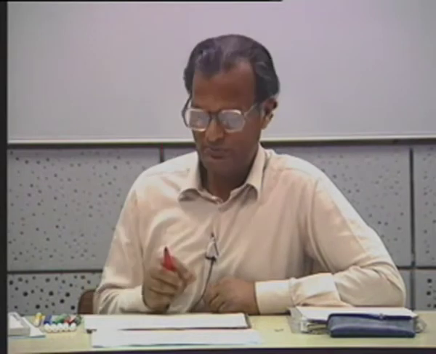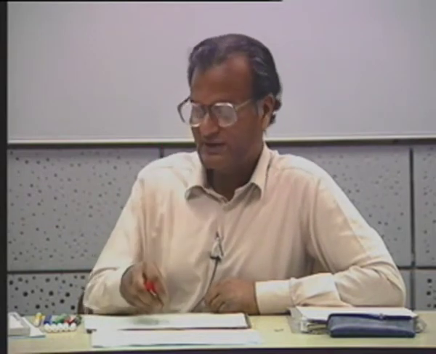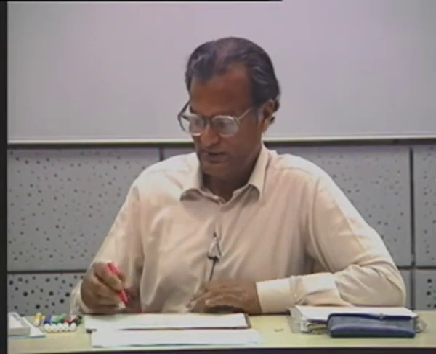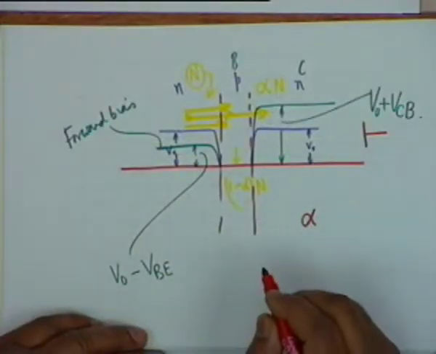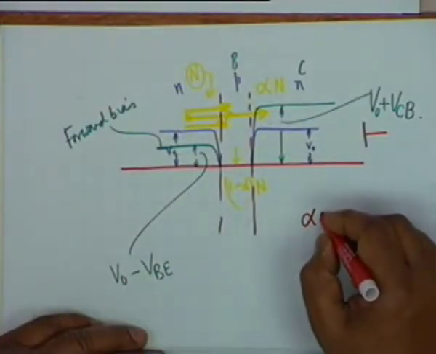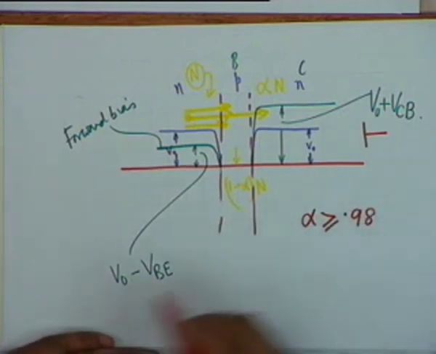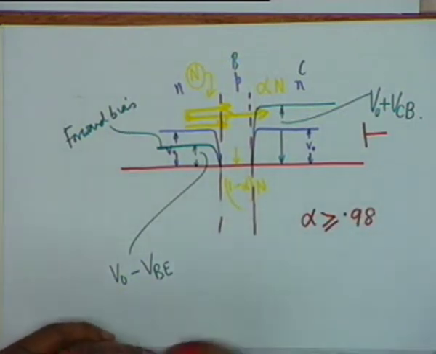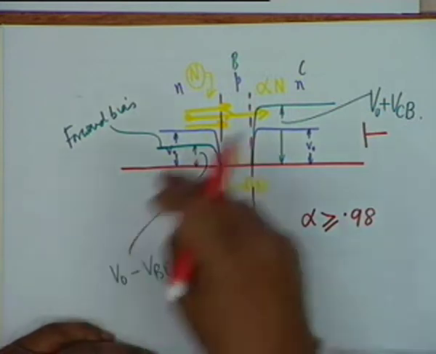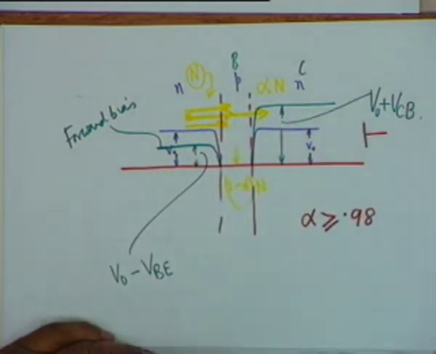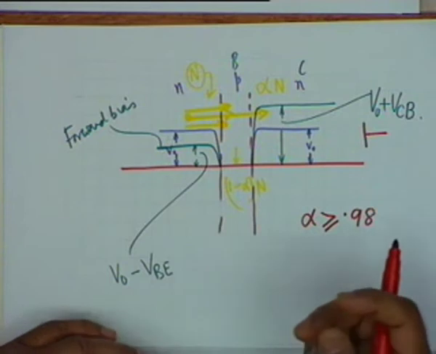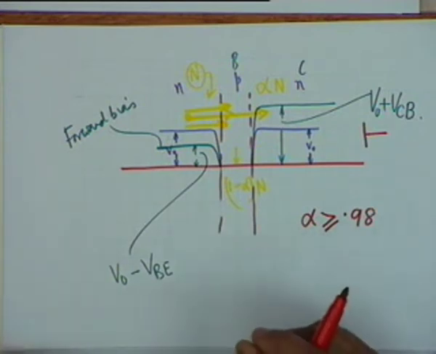Some of them, a small portion, cannot pass because they recombine. But most of them, in fact, alpha, this fraction, is greater than or equal to 0.98. About 98% of the electrons pass over to the collector region, and a small portion, about 2%, recombine in the base region.